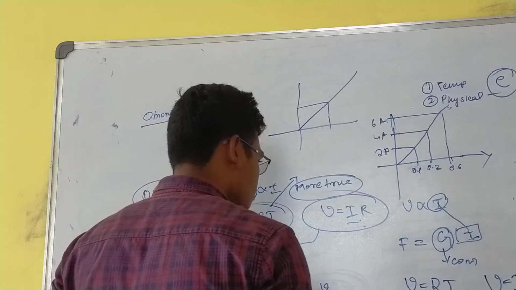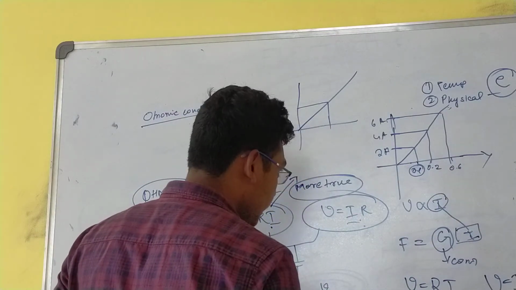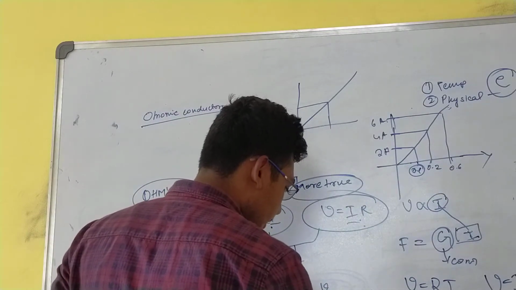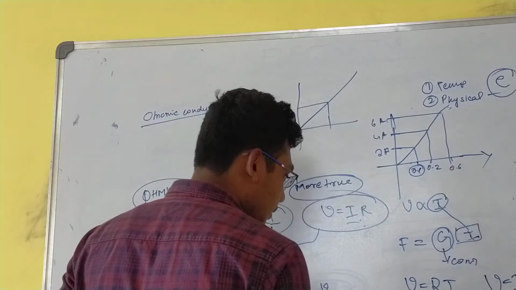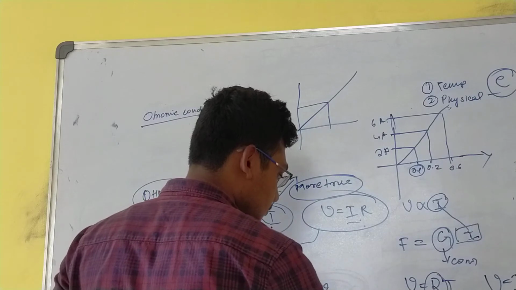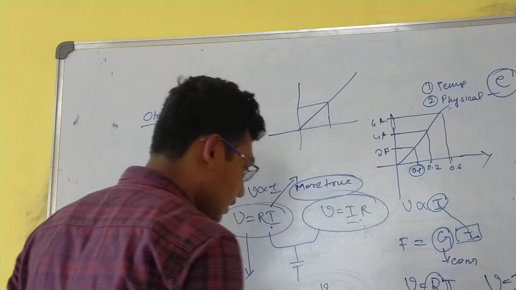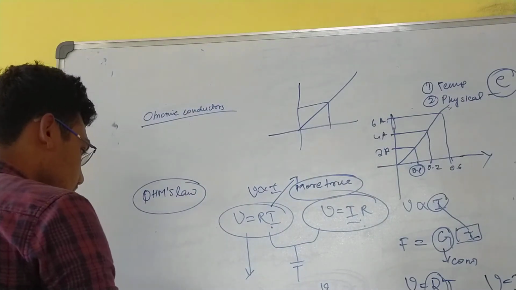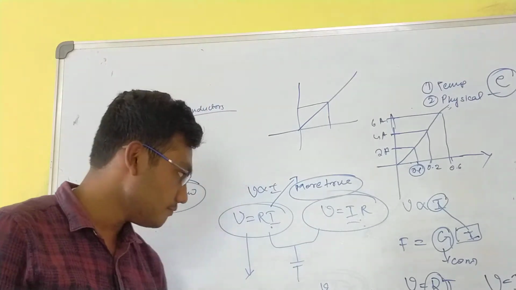Assume this voltage V is 0.1 divided by 2, which will be equal to 0.05 ohms. The unit of resistance is ohms, denoted with the Greek letter omega.